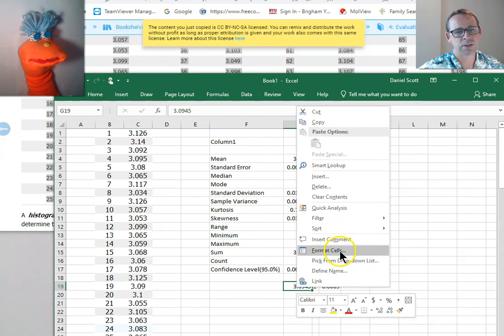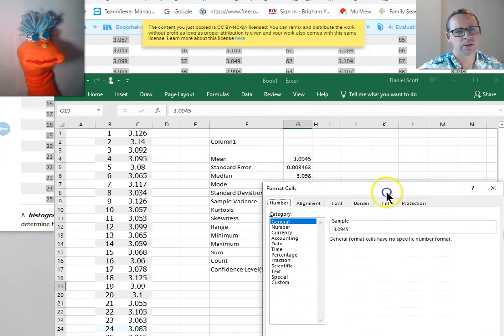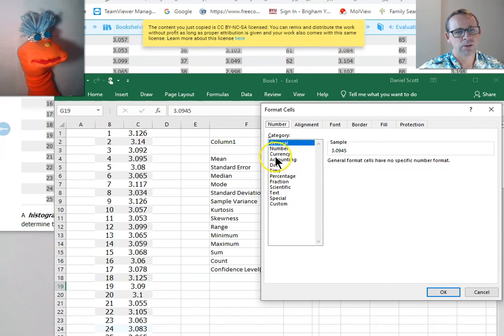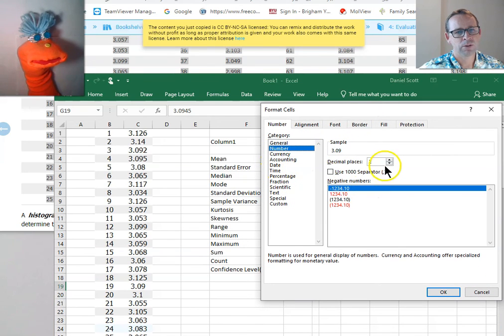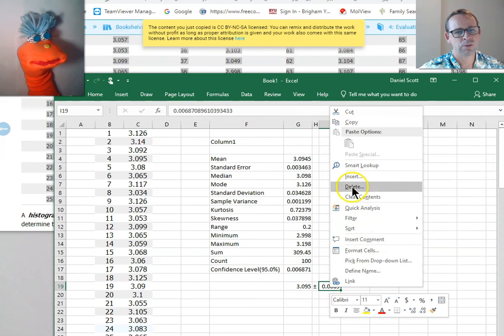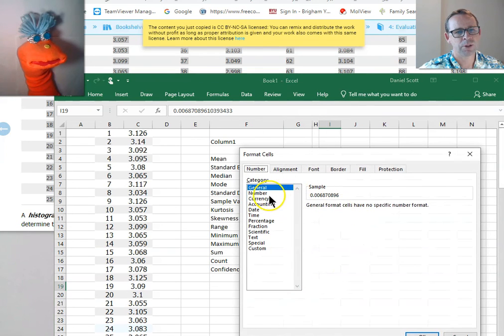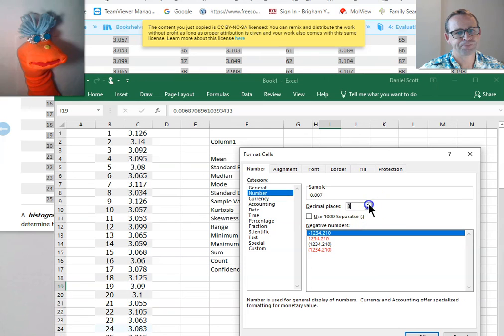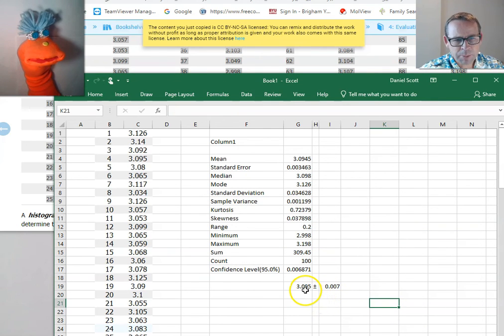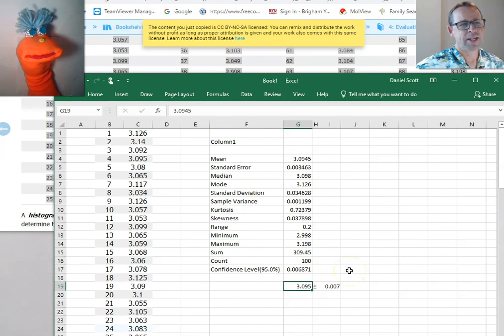Where should I cut this off? The third decimal point. That's right, good. So only 3 decimal places. This one also, 3 decimal places. Okay, excellent job.